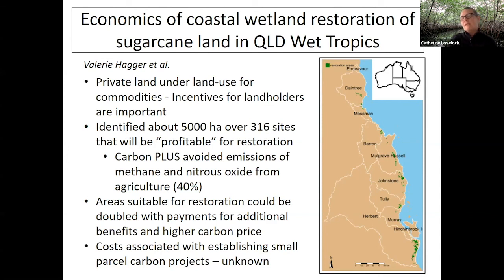But currently, we really don't know what the cost of establishing these projects is going to be, counting the carbon. That's really contingent on what the methodology looks like in the end from the Emission Reduction Fund.